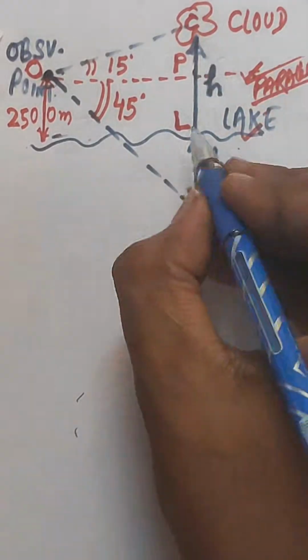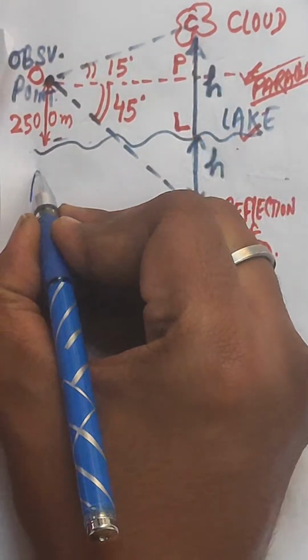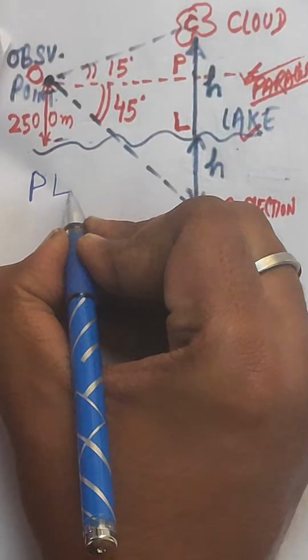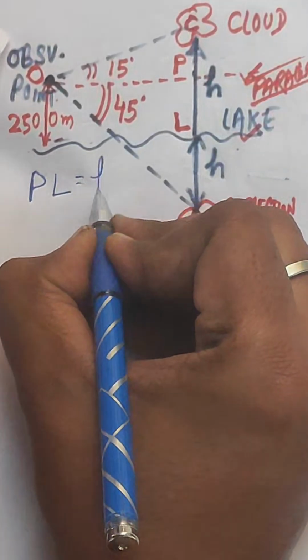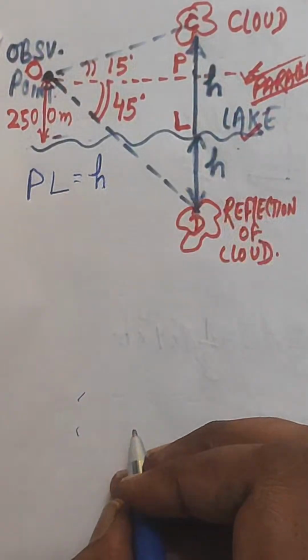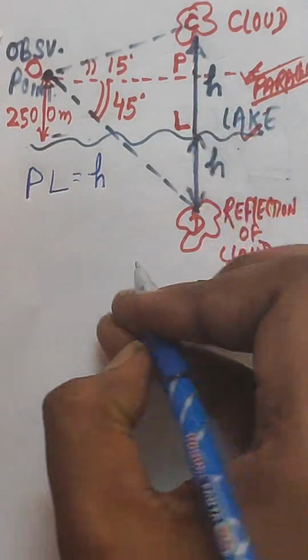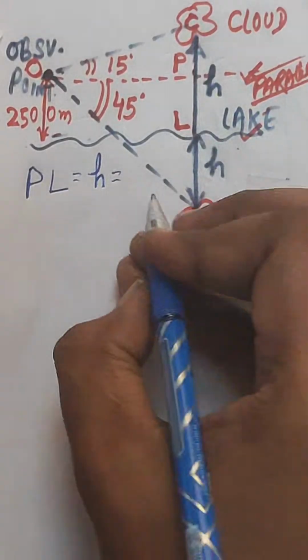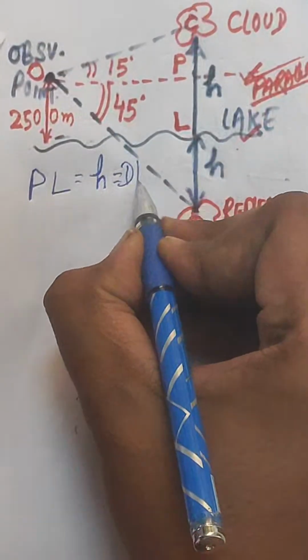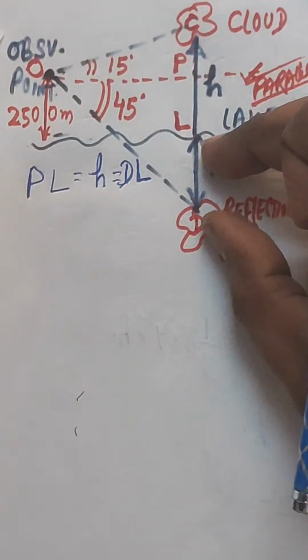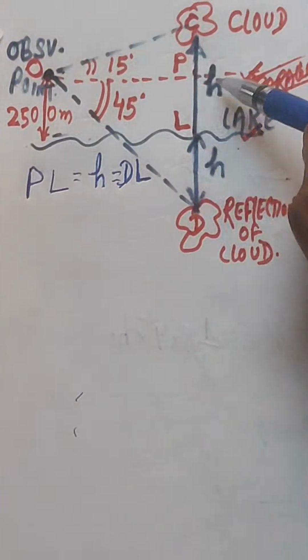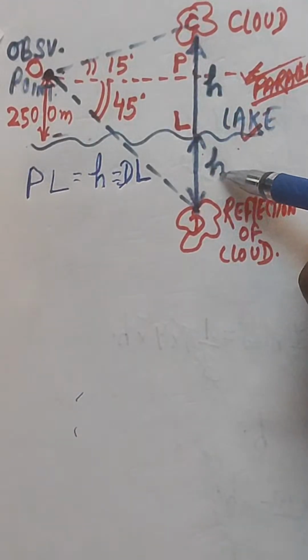So let CL equal H, which is the height of the cloud, and this is equal to its reflection DL. This CL is equal to DL, and if CL is H, then DL will also be equal to H.